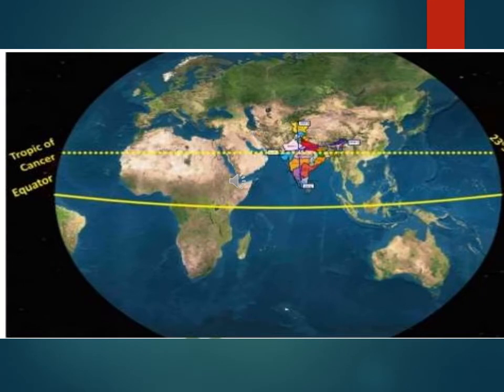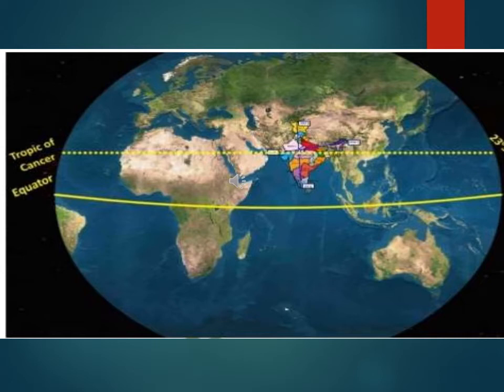When I told you India is located in the northern hemisphere, I'm sure that at least some of you had some doubt. So this diagram will help you to understand this. You can see that 0 degree is marked here. The 0 degree is the equator. The northern side of the 0 degree, the entire region, is the northern hemisphere, and the southern part is the southern hemisphere.